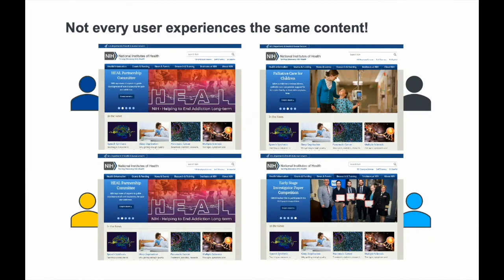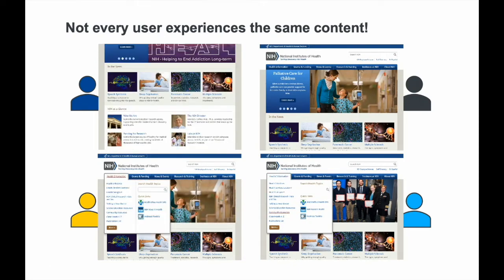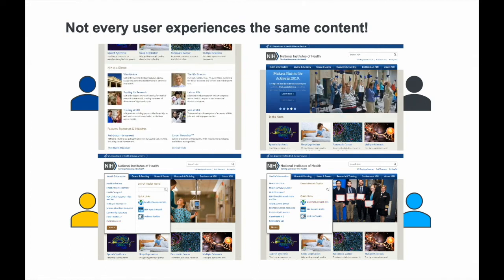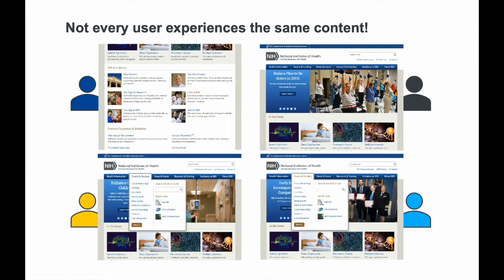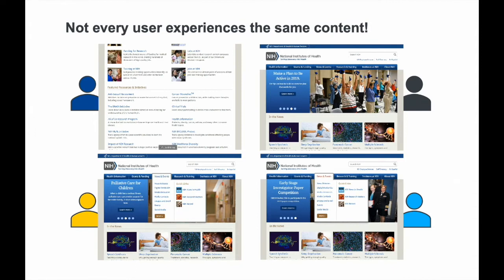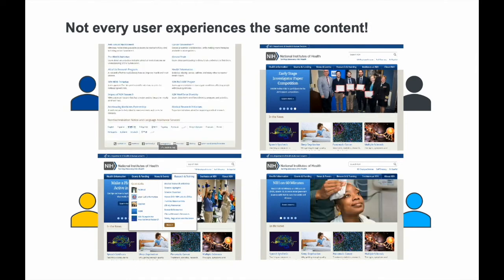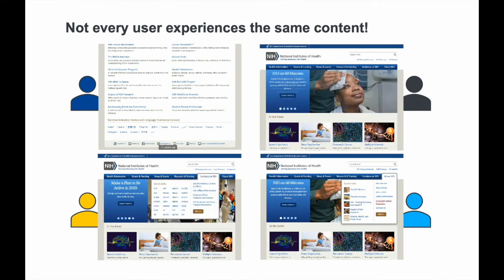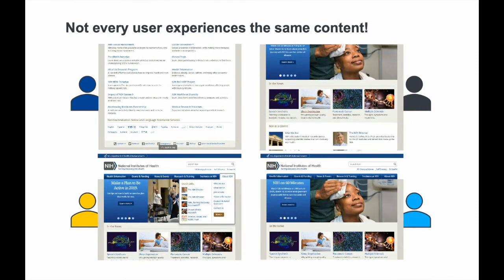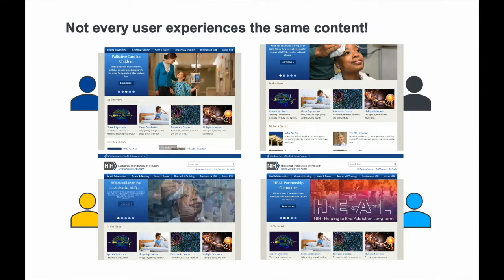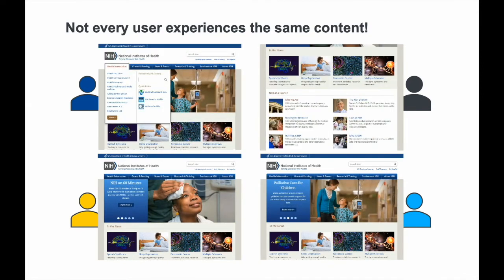You analyze how users are engaging. The problem then is that not all users encounter the same user interface. They have very different experiences. Here we have 4 different users working on the same website of the National Institute of Health. And depending on how they proceed through the user interface, they have a very different experience.